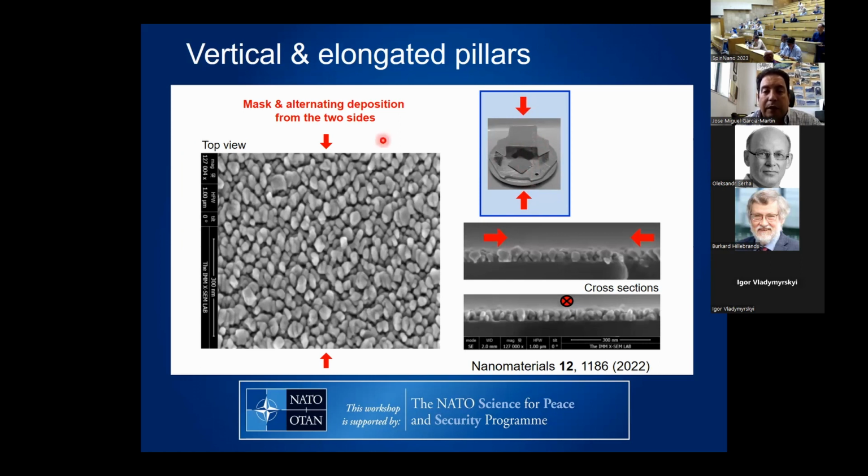And by so doing, we can create vertical nanopillars which are asymmetric in the plane of the substrate because they are elongated along the direction of the atomic flux. So they have the shape of inverted truncated cones with an ellipsoidal base.